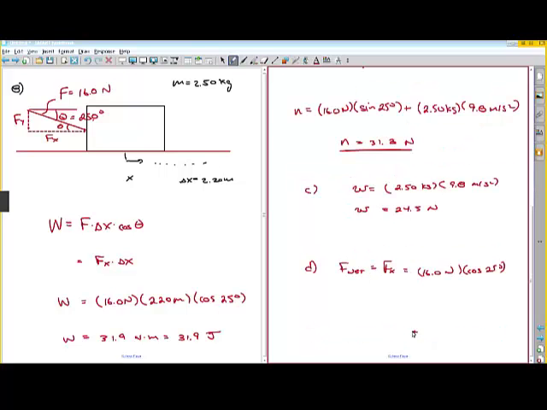So 16 times the cosine of 25 degrees is 14.5 newtons. We assumed that it was moving to the right, and because this answer is positive, that's true. And that net force is going to cause this thing to accelerate. We could calculate the acceleration by taking the force divided by mass. So those are my answers, so let me see if they're right.